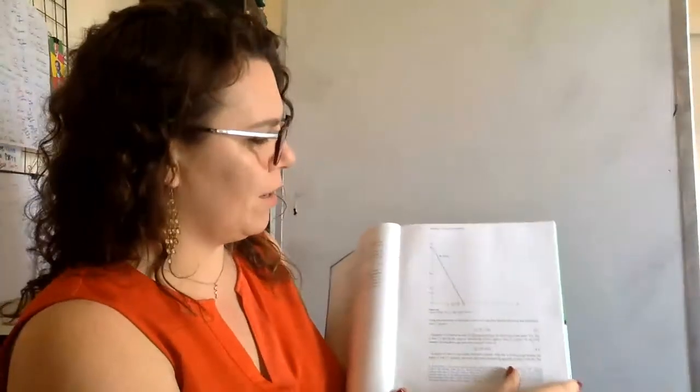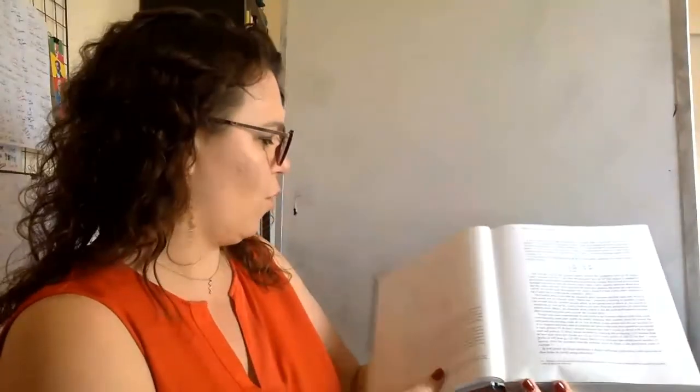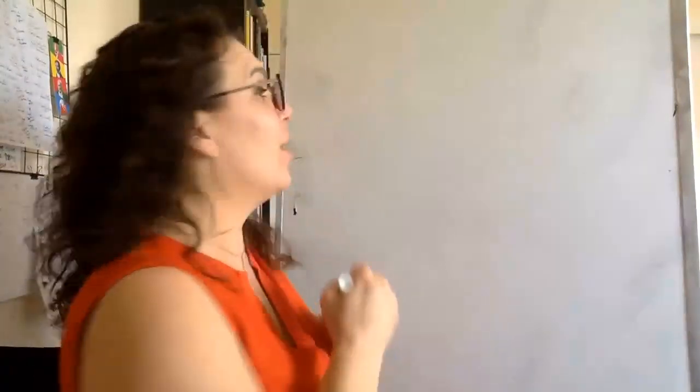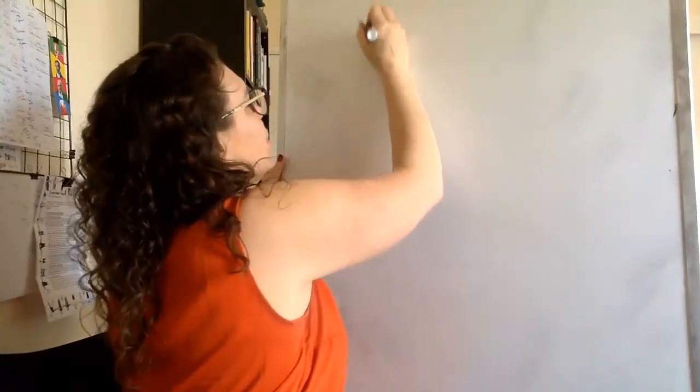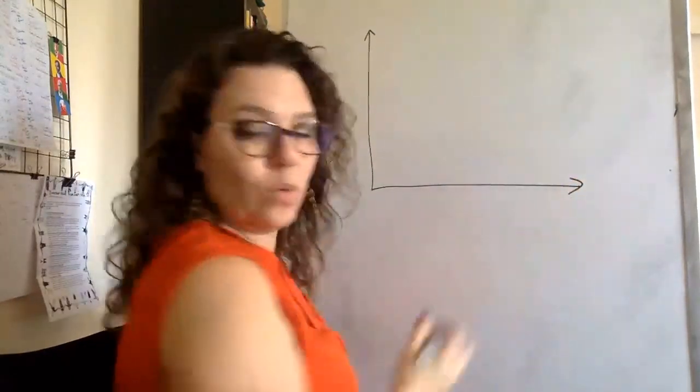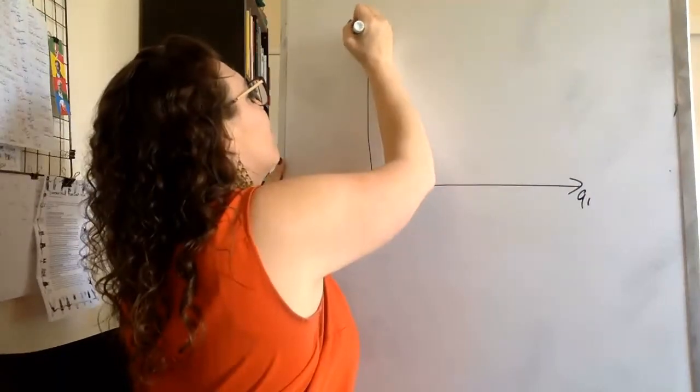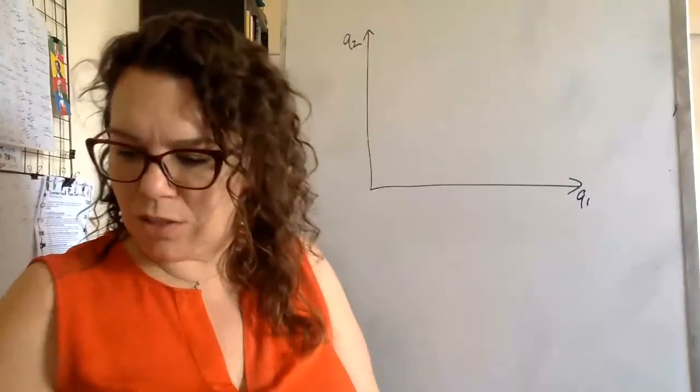The best reply functions start on page 123, and they're in the slides, figures 4.5 and 4.6. Figure 4.6 has those two best reply functions, and it's looking at the two quantities that the two firms could choose as a function of what the other firm does. So we'll look at the quantity that firm 1 produces and the quantity that firm 2 produces, and that gives us those best reply functions.